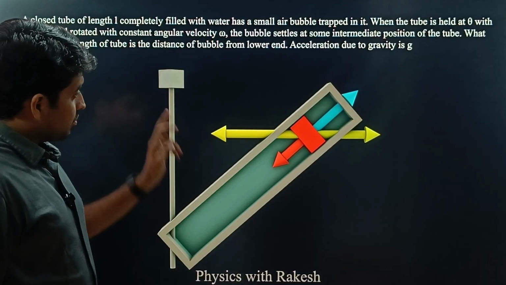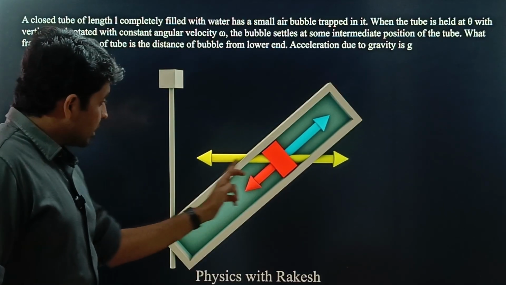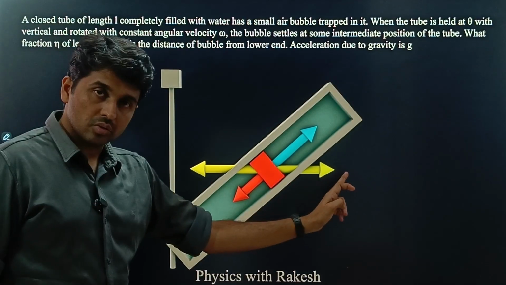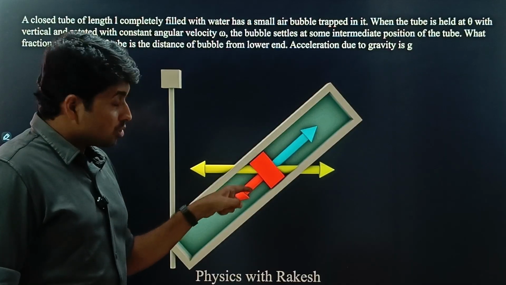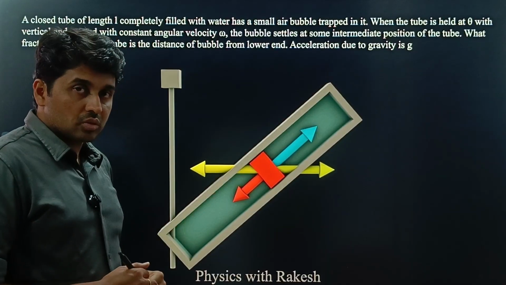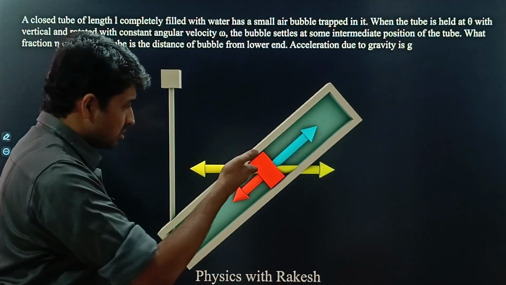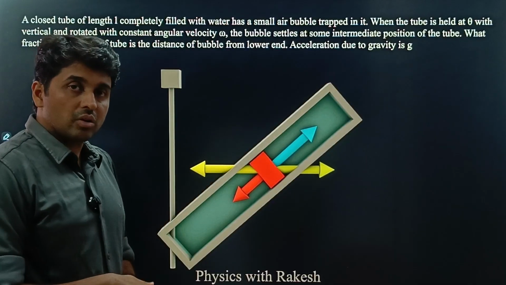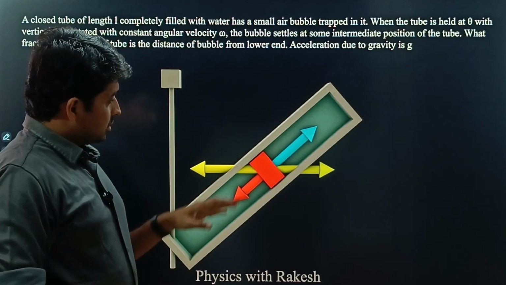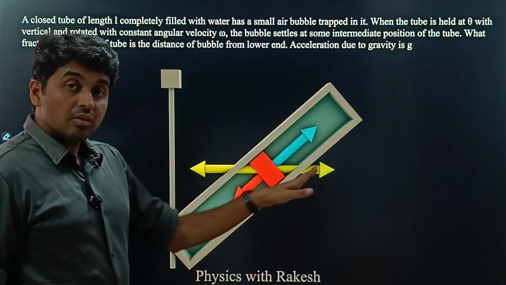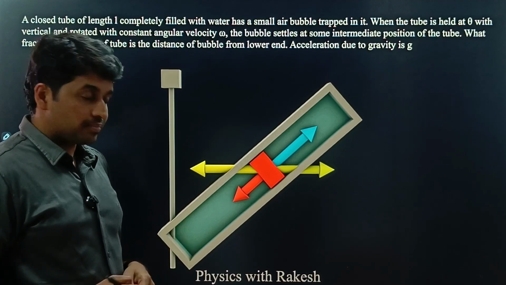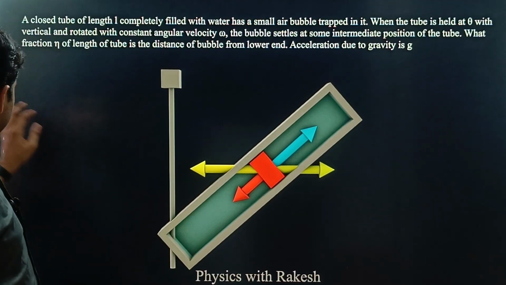There is one buoyancy force and the pseudo force. Because of the motion of this, there is also a Coriolis force. But the Coriolis force is perpendicular to this, so we don't require it now. But as of now, these are the forces which we require.